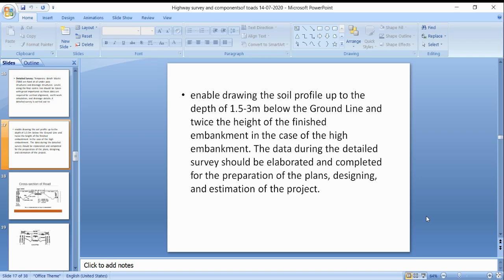Next comes the detailed cross section. In the detailed cross sections, we are giving the scale of 0.25 meters and any closer intervals. We give the formation levels, and cutting and embankment will be given.